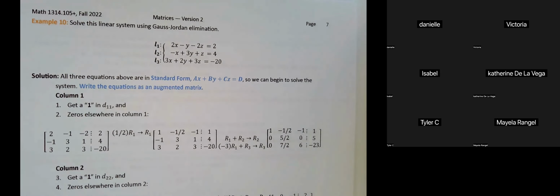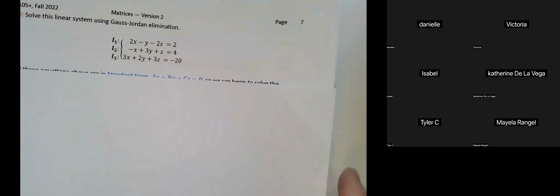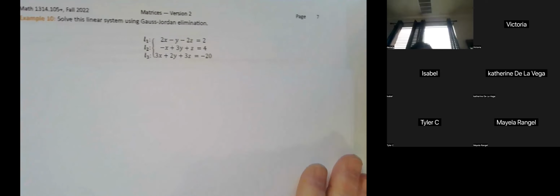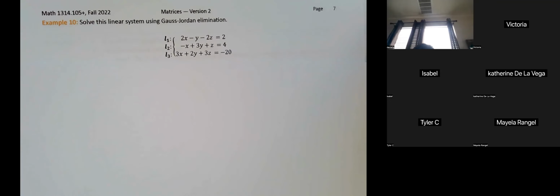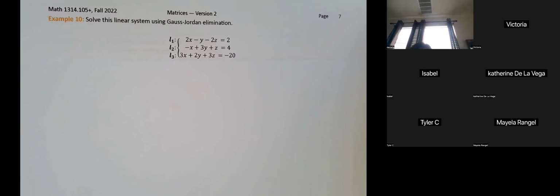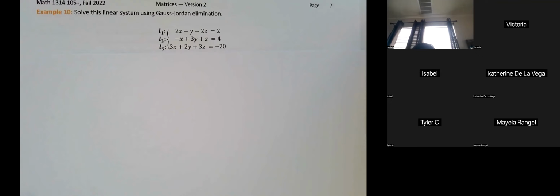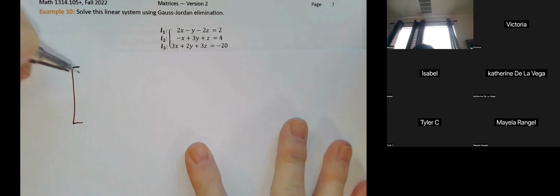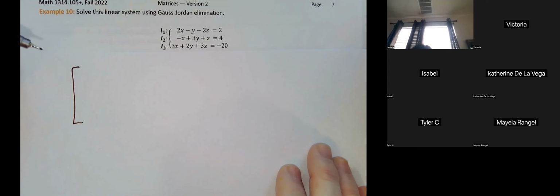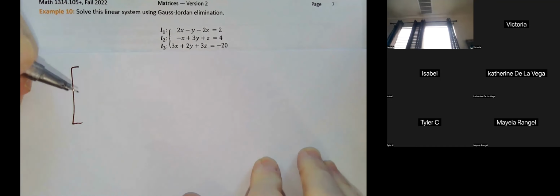This will not ever be on a test or a quiz. It's just so that you've seen it, and maybe I'll give you one for homework. You're going to have 3 1s out of all the 9. All of the rest of them are going to be 0s. So 6 0s and then 3 1s, and it's diagonal. Okay. That's right.